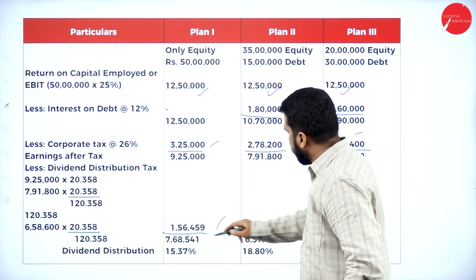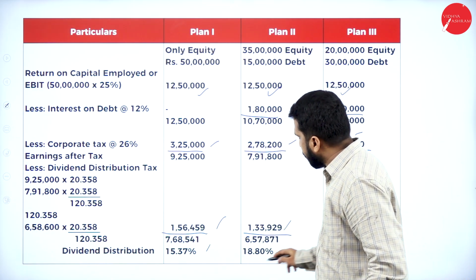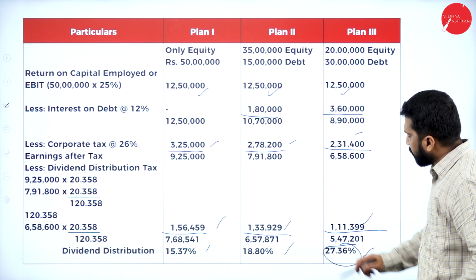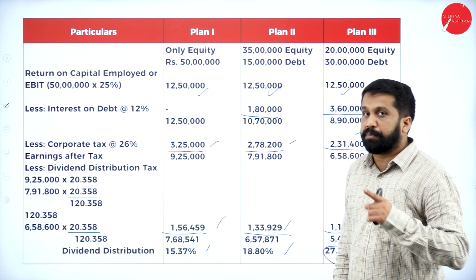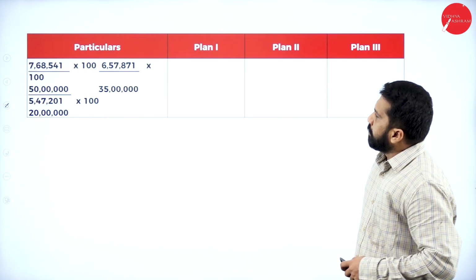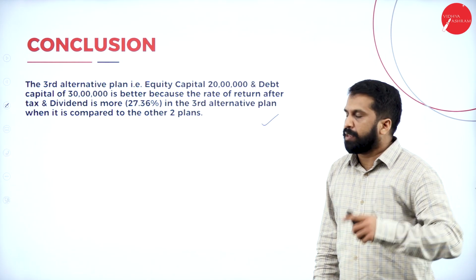After that you will get earning after dividend. After that you calculate percentage 15, 18, 27. Which option is better? Last option is better. Hope you are clear. Yes. So you have to write the conclusion. Hope you are clear. Good.